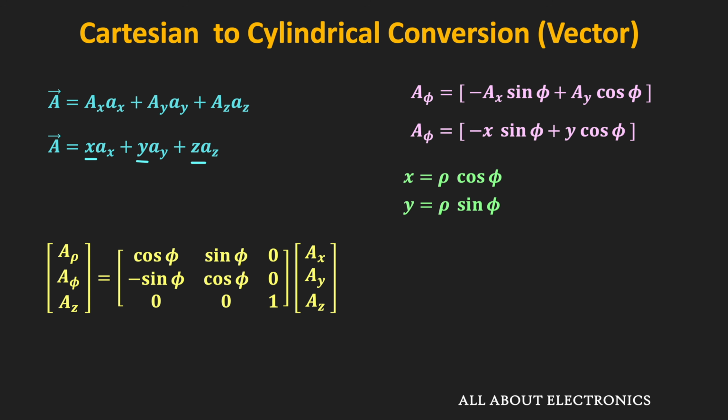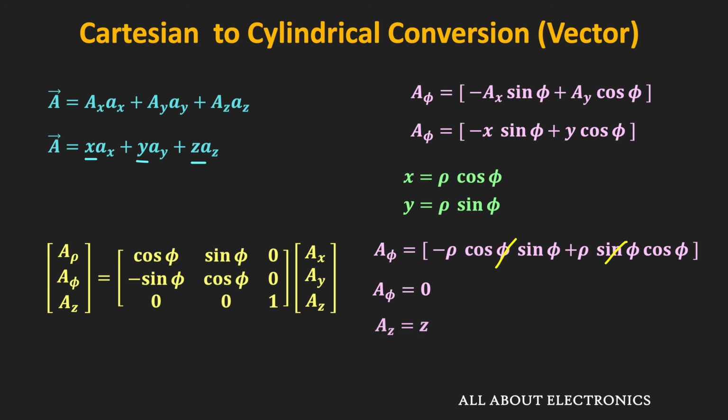So if we put these values, then this a phi will be equal to minus rho times cos phi times sin phi plus rho times sin phi times cos phi. As you can see over here, both these terms will get cancelled out and therefore this a phi will come out as 0. So in this way, we also got the second term.